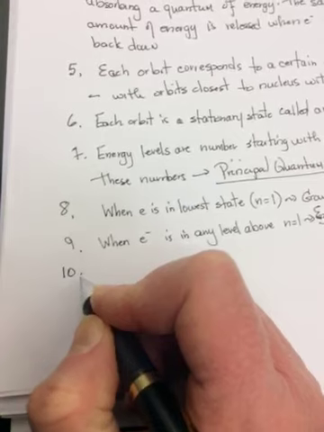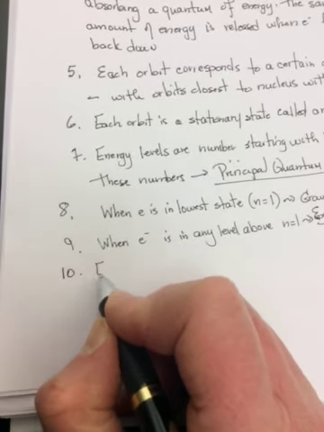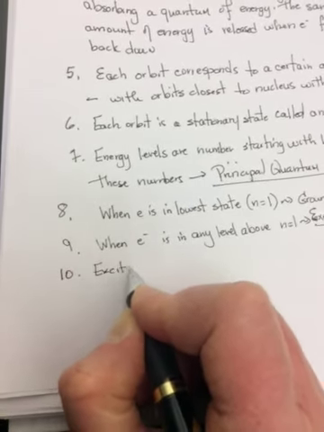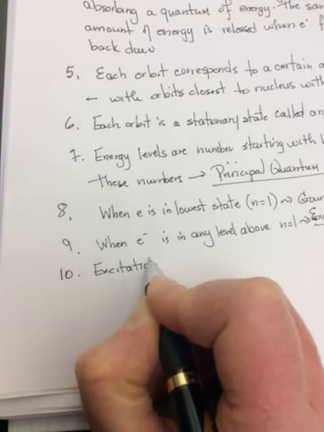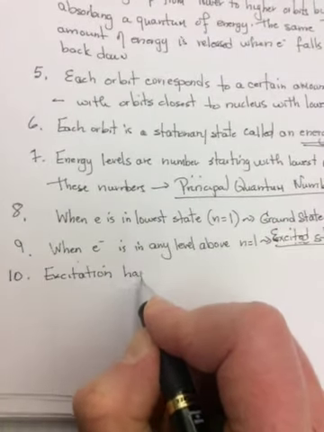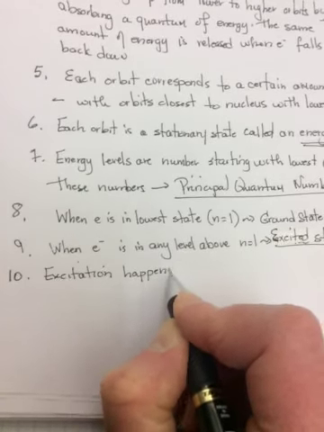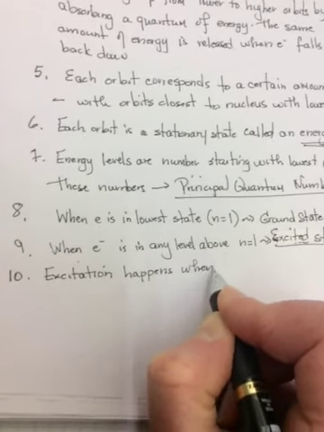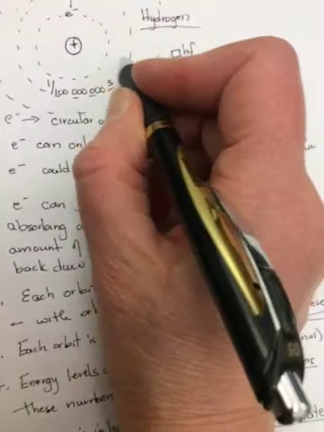Okay. Number 10, excitation. So jumping up from one level to another. Excitation happens when a photon of energy exactly matches the difference between two levels.